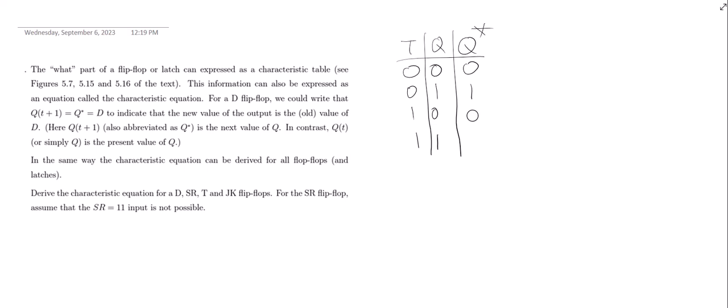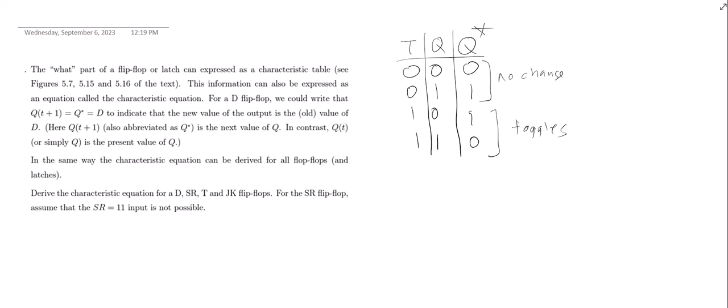I say that and then I wrote the wrong thing. Okay, so that is our characteristic table, and if you recall, what the T flip-flop does is when T is 0, there's no change, and when T is 1, it toggles.